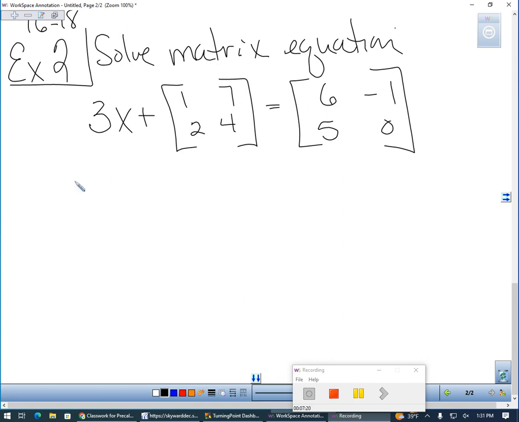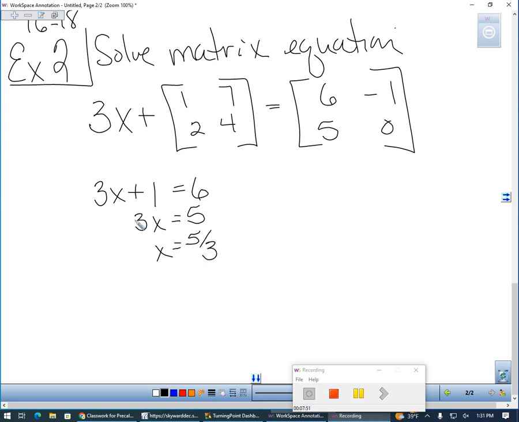And we are actually going to write it as 4 little tiny equations. The first one is 3x plus element A11, which is 1, equals element A11 over here. So I'm going to subtract 1 to the other side, so I get 3x equals 5. So x equals 5 thirds.